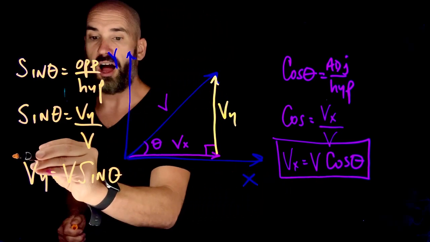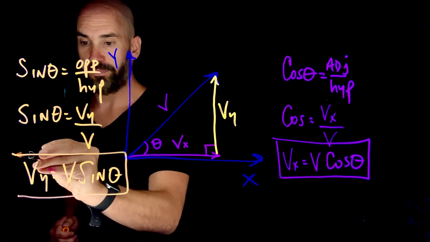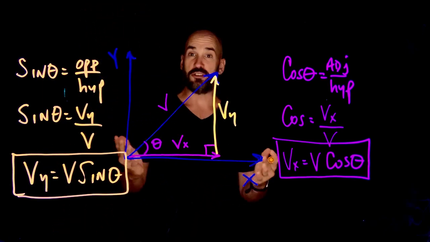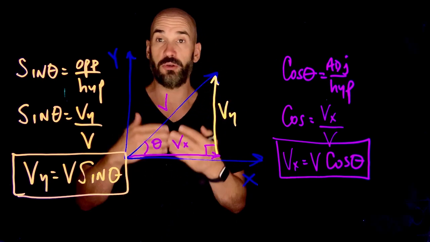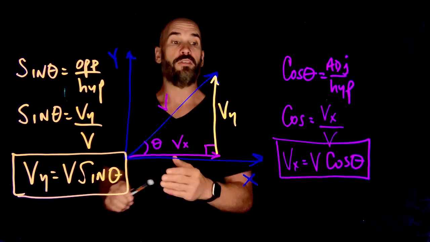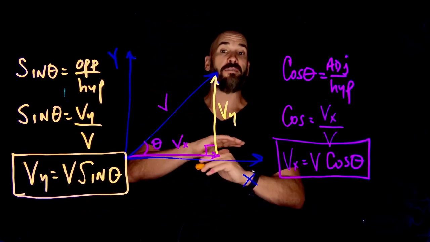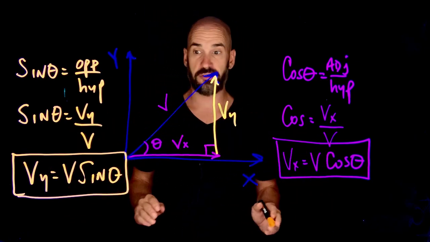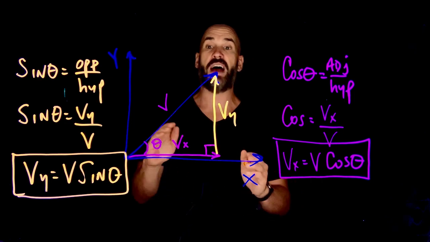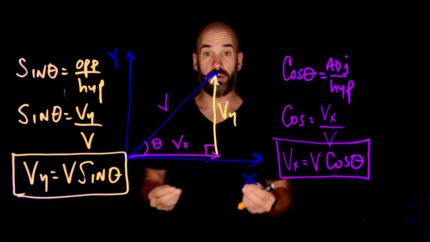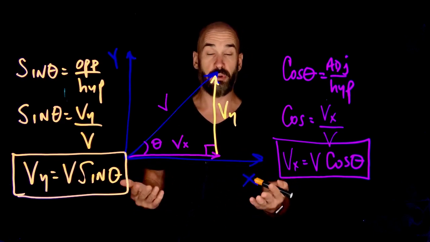That'll always give us the y component. So this is super simple. Once again, we're just using what we know about the right triangle to solve for the x component and the y component. This you'll have to do for the rest of your entire physics career. So much of physics is finding a vector and then being able to break up its x and y components. And we're going to show you why that's important in a second.